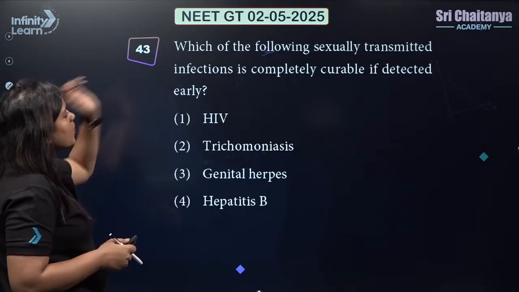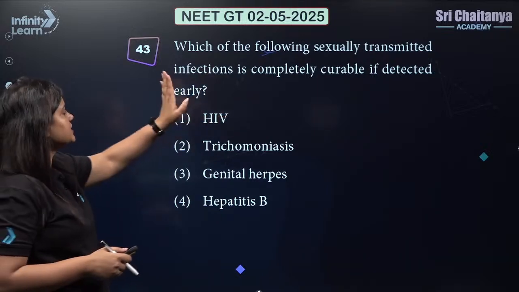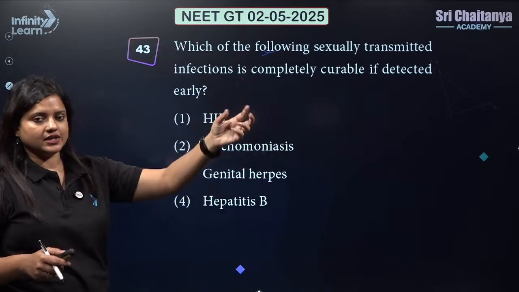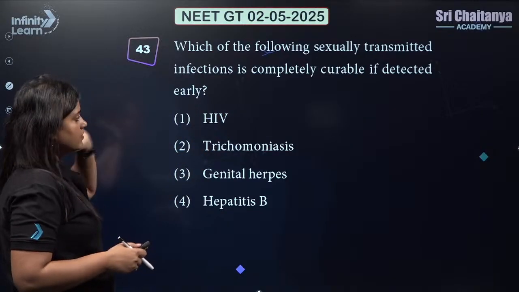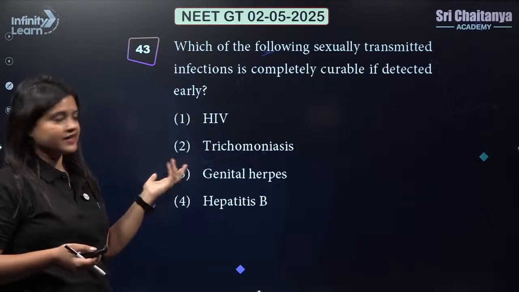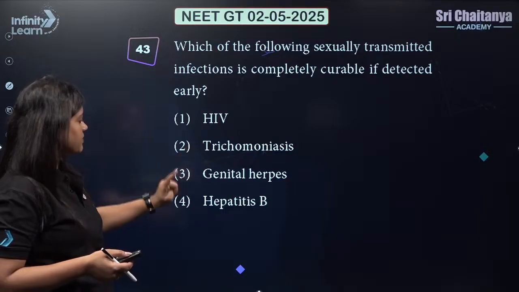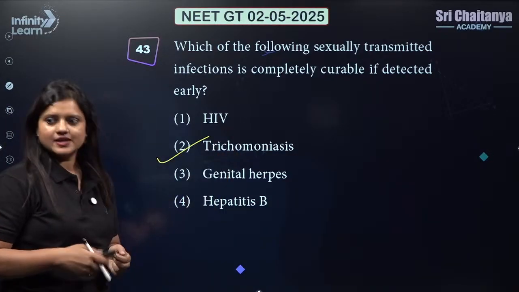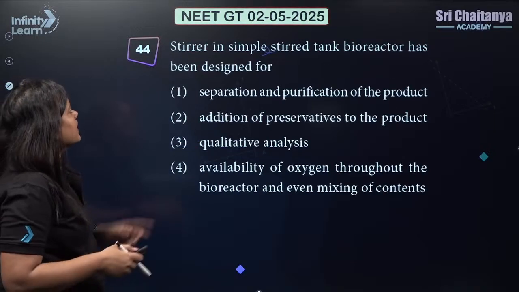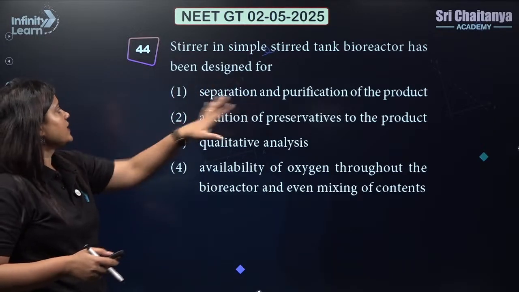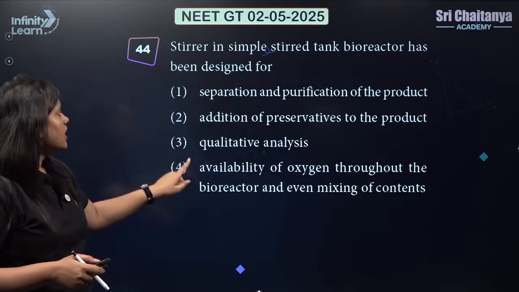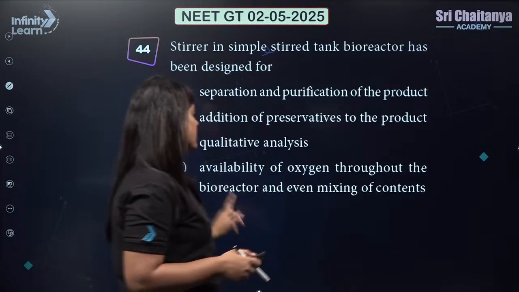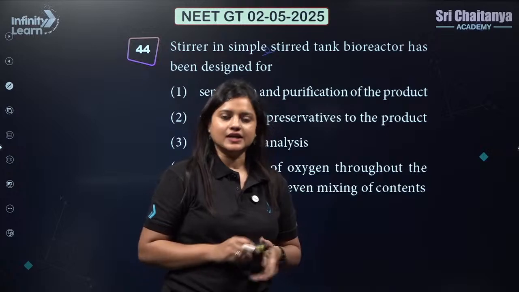Very good. Which of the following sexually transmitted infections is completely curable if detected early? So we will look for bacterial or protozoal infection. HIV, genital herpes, hepatitis B will not be cured. So it is trichomoniasis. Right? Good. Stirrer in a simple stirred tank bioreactor has been designed for availability of oxygen throughout the bioreactor and even mixing of the contents.